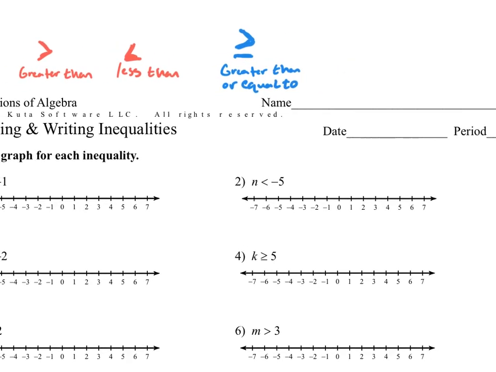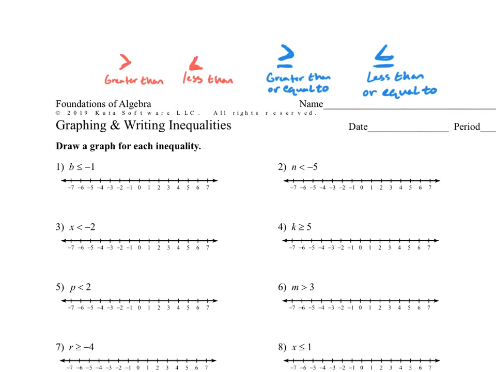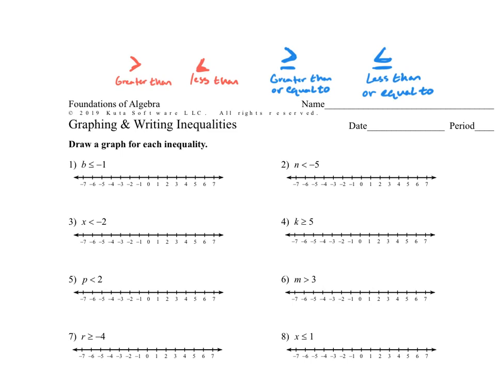And the same thing vice versa. If it faces the other way, it is now not just less than, it is less than or equal to. All right, those are the ideas that we are looking at. Questions on that?